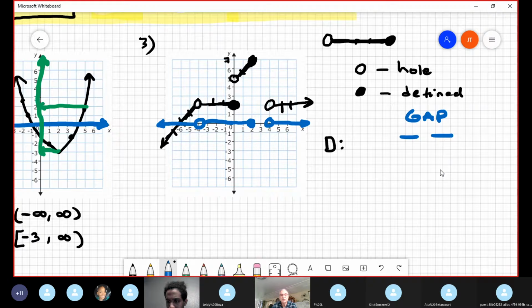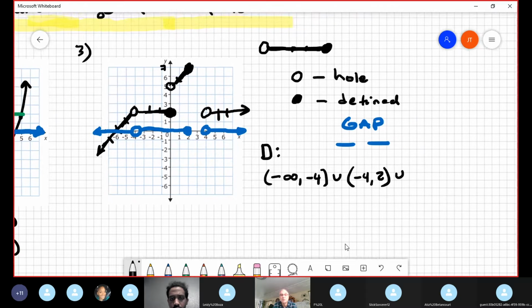Okay, ready. This blue collection of intervals represents the domain, which is from negative infinity, comma, -4, not including -4, union, -4, comma 2, which is the second part, union, because we have 3 pieces of the interval, from 4 to infinity.